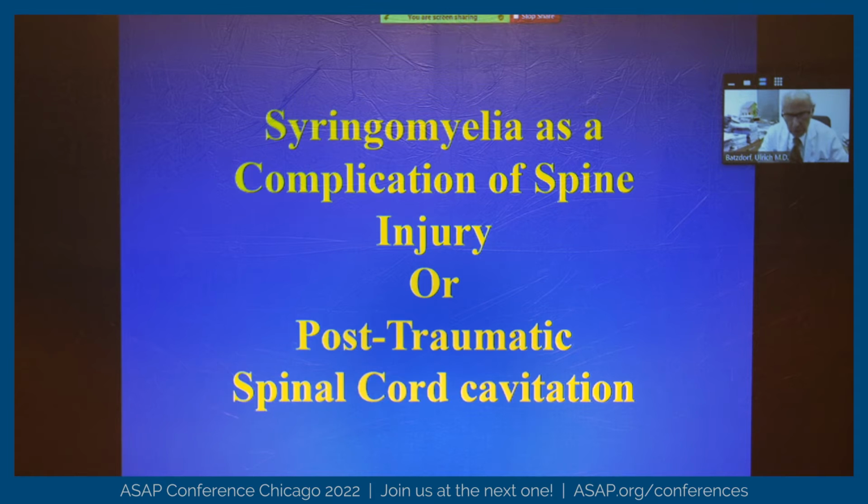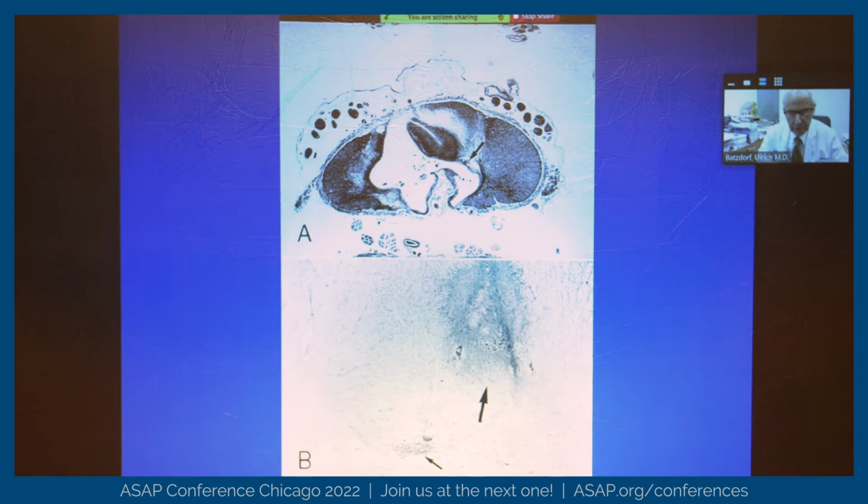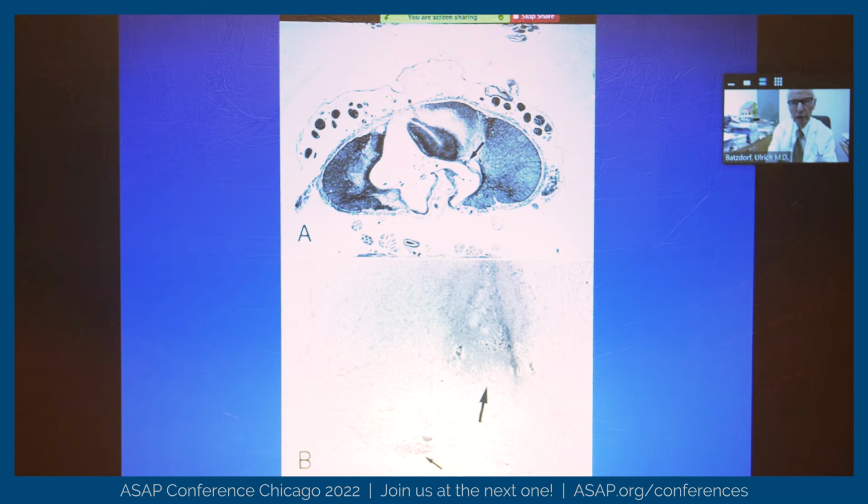Next. So we're going to talk about post-traumatic spinal cord cavitation or post-traumatic syringomyelia. Next. This is an illustration taken from Dr. Millerat's paper, and Dr. Millerat, of course, as some of you know, was very active in this organization.